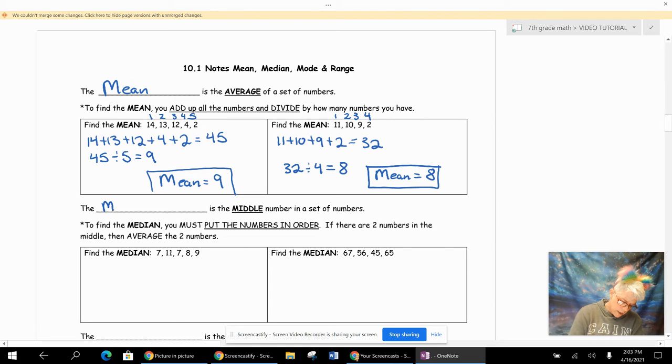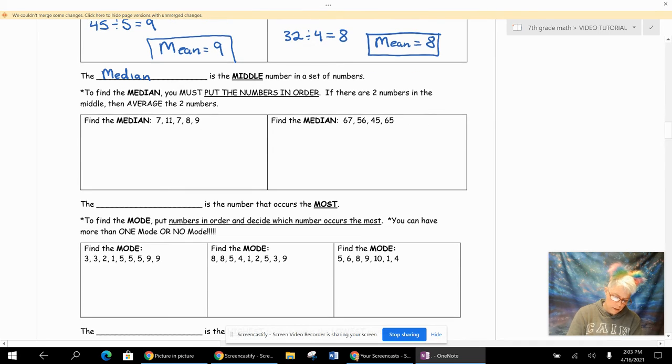The median. The median is the number in the middle. The catch is you have to put the numbers in order from least to greatest or greatest to least. They can't all be just jumbled together. These are not in order, so I'm going to need to put them in order. I'm going to do least to greatest. 7, there's another 7.